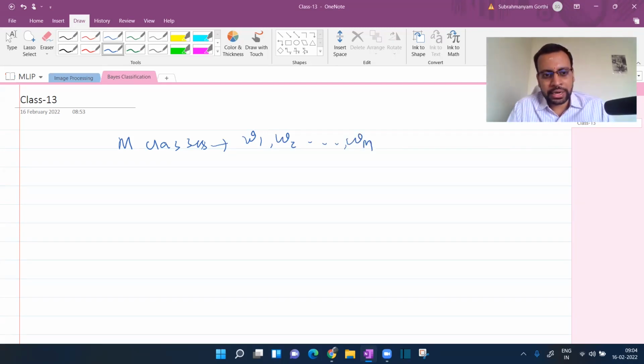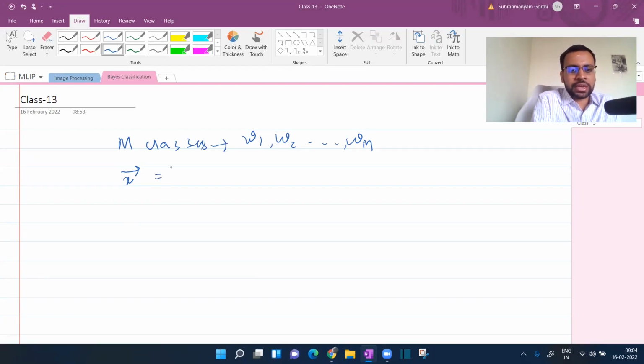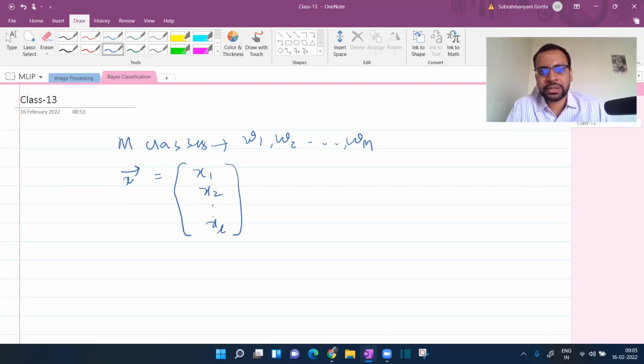And let x bar be the L dimensional feature vector characterizing your sample. So this is x1, x2, so on, xl, your L dimensional feature vector.